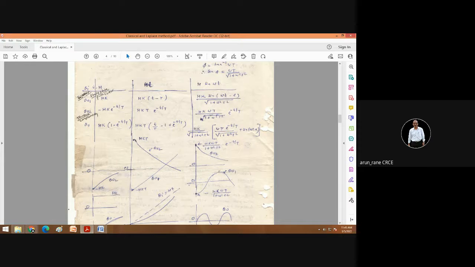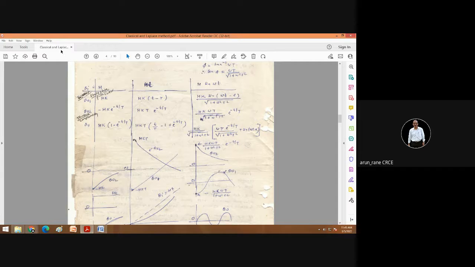Now note carefully. I hope you are settled. This is theta I, that is the disturbance. There are three types of disturbance: H, which is nothing but step input, Ht, which is your ramp input, and H sine omega t, which is your sinusoidal input. t is instantaneous time, omega is angular frequency, and H is the amplitude.